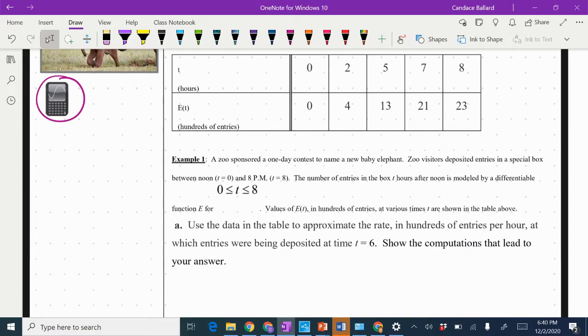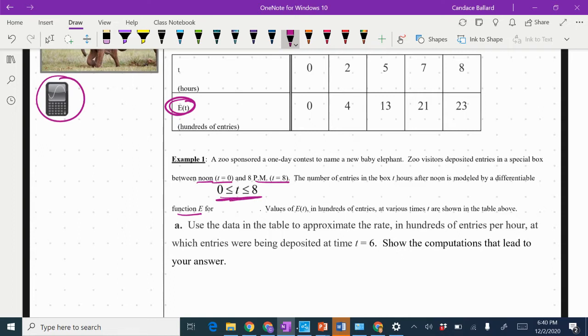So we've got a zoo that sponsored a one-day contest to name a new baby elephant. Zoo visitors deposited entries in a special box between t = 0, which was noon, and 8 p.m., which was time = 8. The number of entries in the box t hours after noon is modeled by the differentiable function E, which you notice is modeled in the table, for t between 0 and 8.